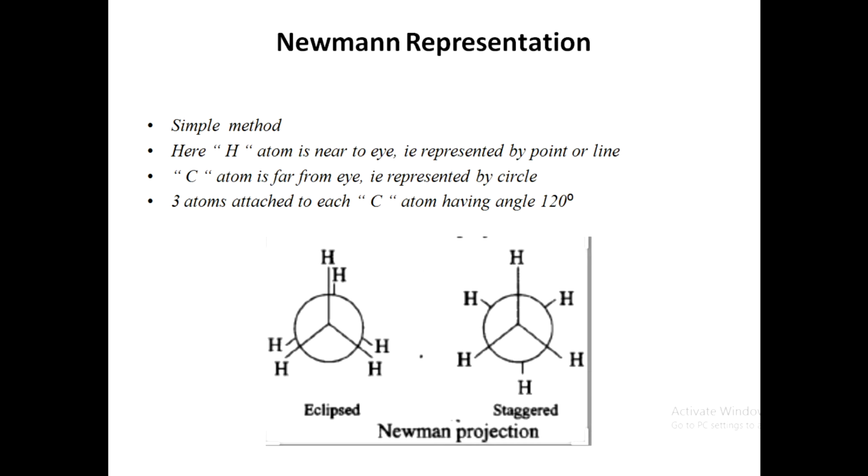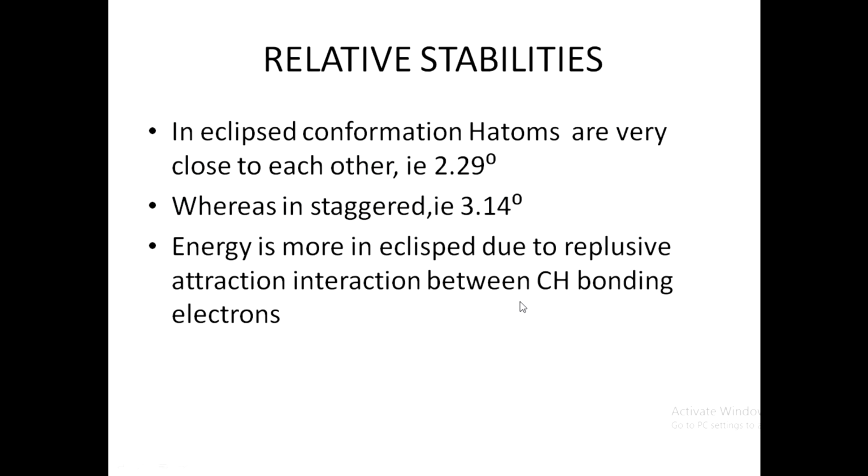It is represented by a circle. The three atoms or groups attached to the carbon atom have the same angle, that is 120 degrees. This is the staggered form and this is the eclipsed form. See, the carbon is denoted by a circle and the hydrogen is represented by a point or a line. Here it is represented by a line.